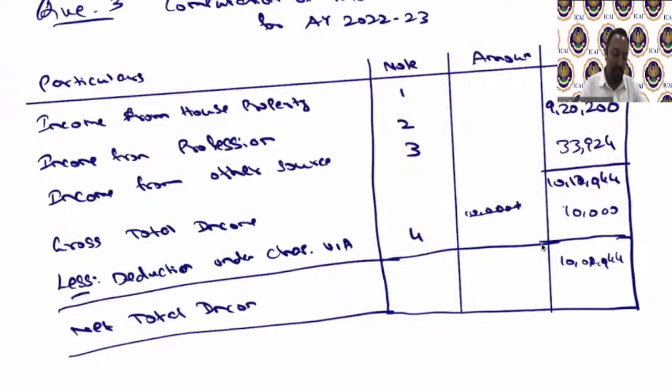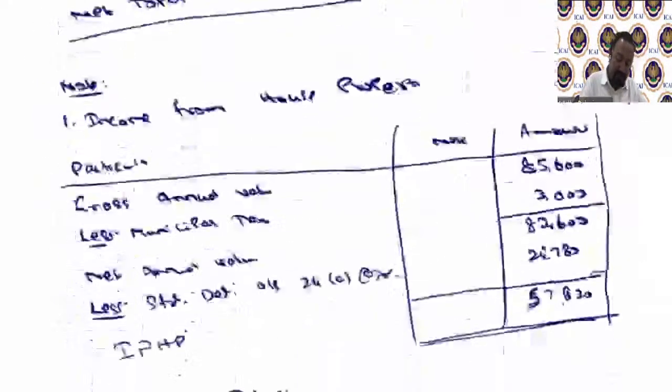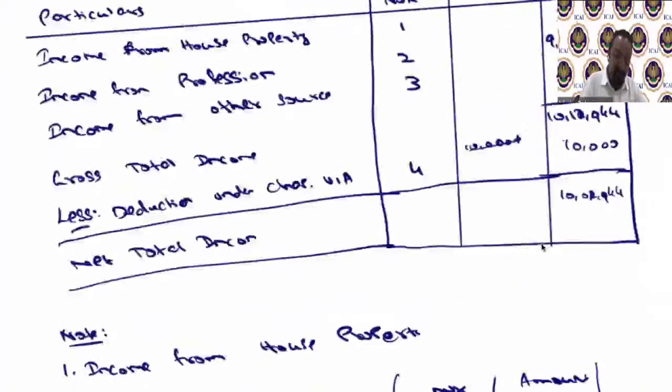Welcome back. As some of you pointed out, I've corrected it, it's 57,820, and adjusted every number according to it. I'll answer some of the questions with respect to what we have worked out so far.